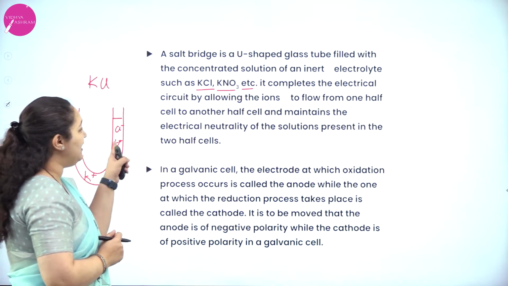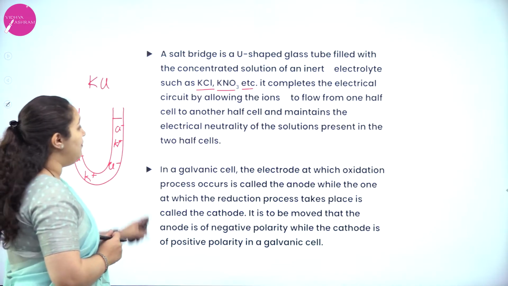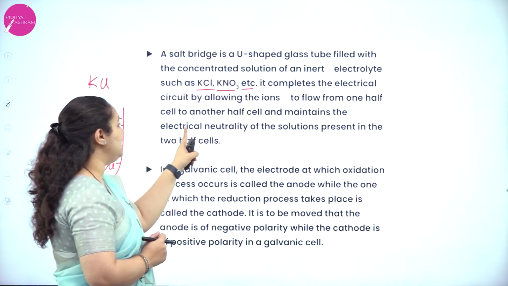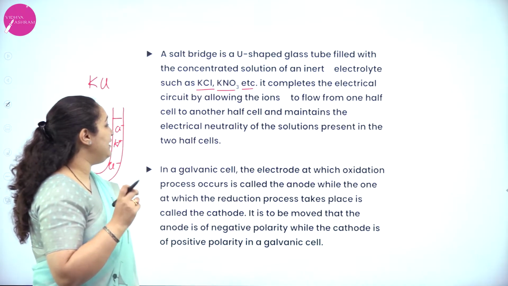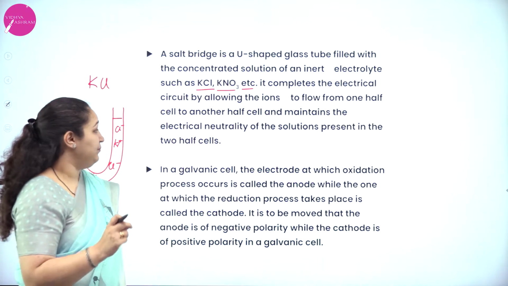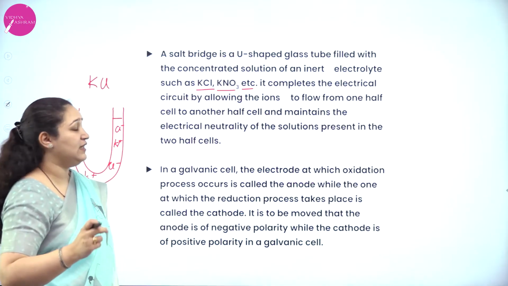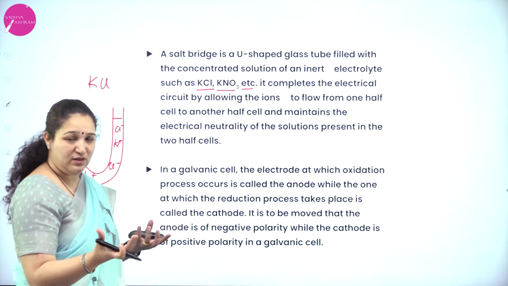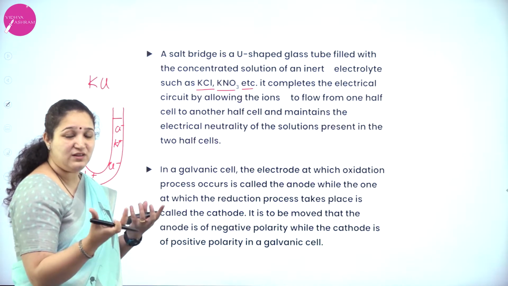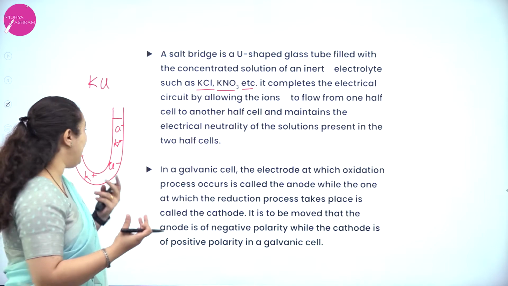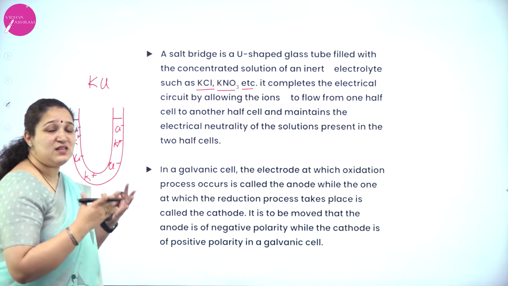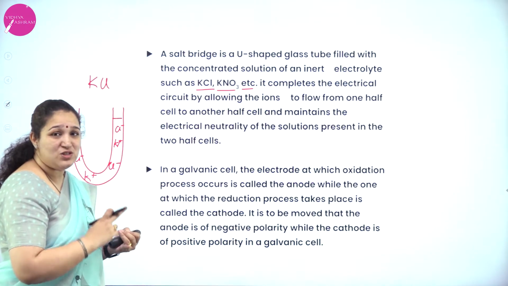It completes the electrical circuit by allowing the ions to flow from one half cell to the other half cell, and maintains the electrical neutrality of the solution present in the two half cells. So the electrical neutrality that has to be maintained in the two half cells is done by allowing these ions to flow. That is the main purpose of using a salt bridge.